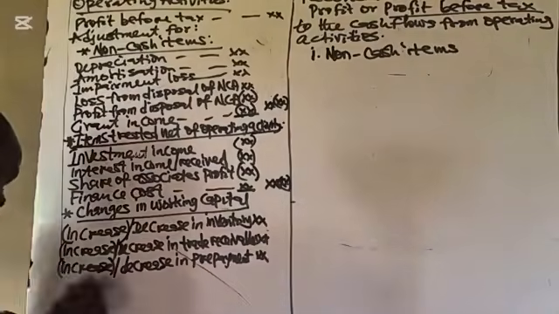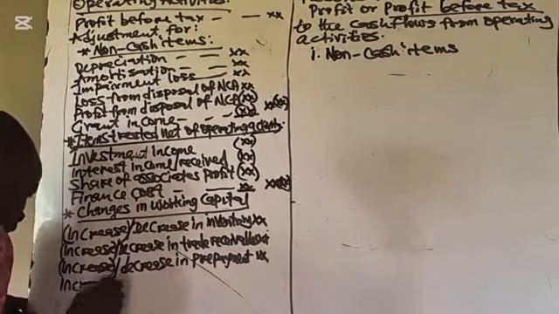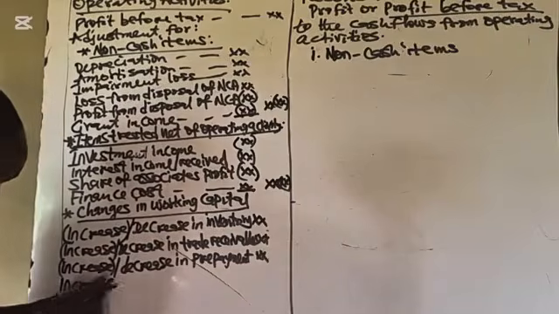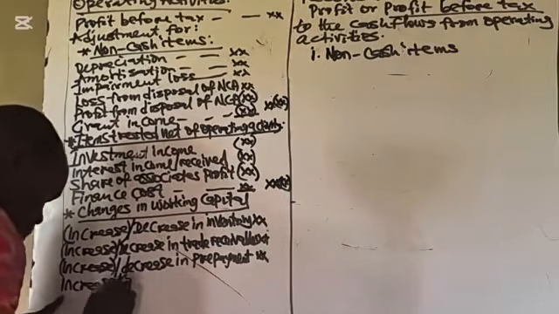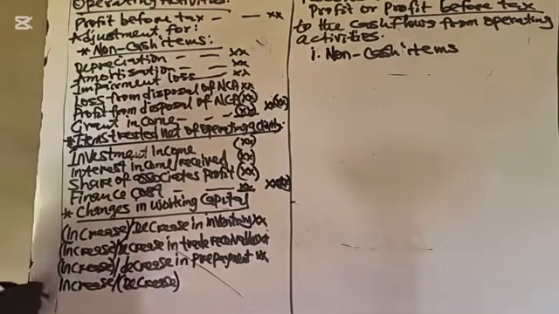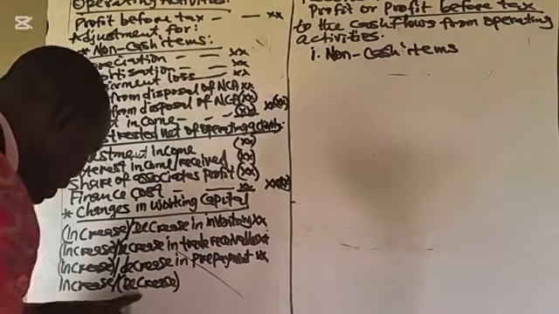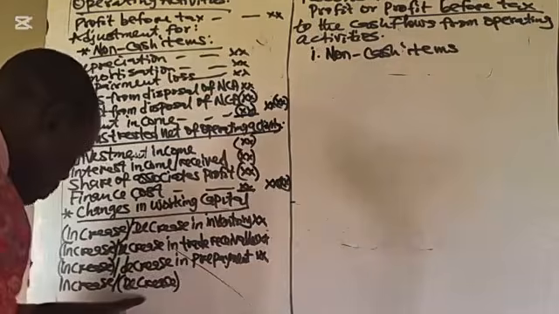Then we have current liabilities now. Liability is opposite the asset. Increase in liability should be added, but the decrease should be subtracted. It is opposite of the asset. You know, increase in asset was to be subtracted, but that of liability, it is the increase that will be added. So increase, you add, the decrease in liability you subtract.